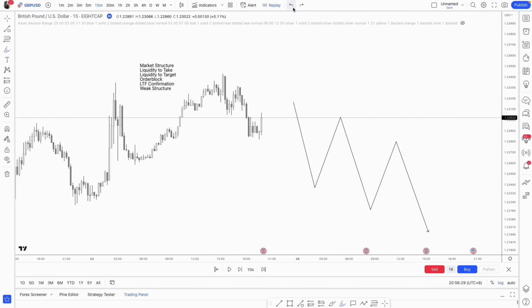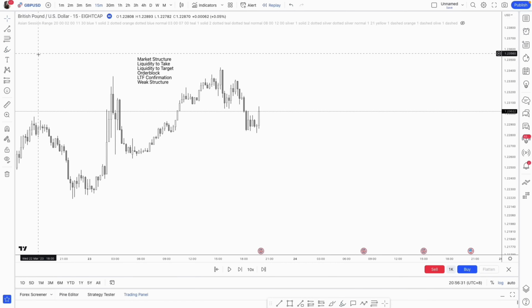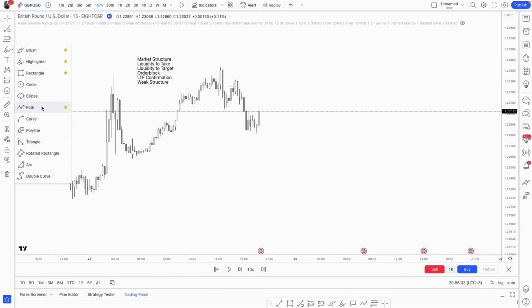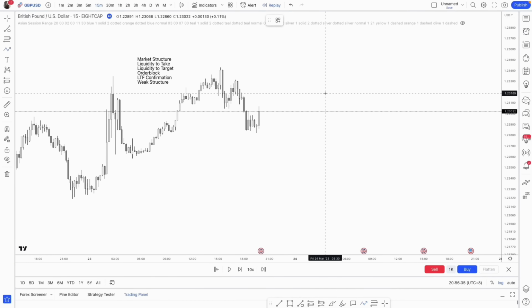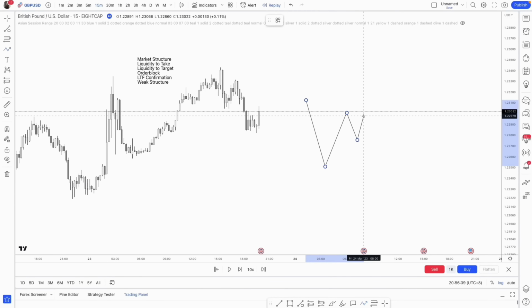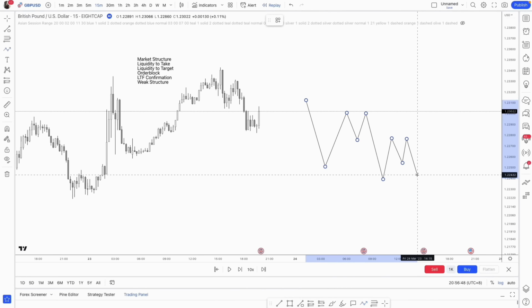Now let's look at the concept of liquidity, and more importantly, liquidity to take. Let's give an example of market structure. Price goes down, price sits something like this, and then essentially price makes a lower low, price comes back up, does something like this, something like this.